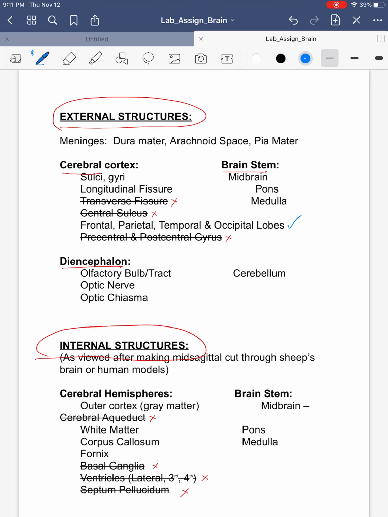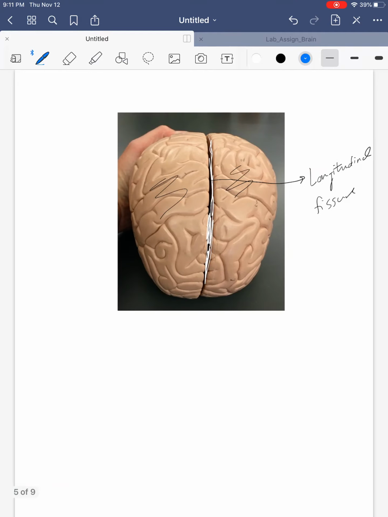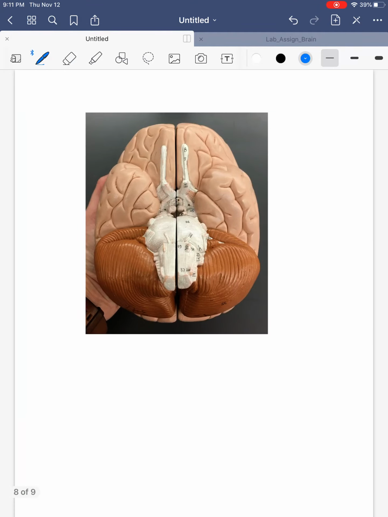We're also going to be asking you to know some of the cranial nerves. The olfactory nerve is Roman numeral cranial nerve number 1. The optic nerve is Roman numeral cranial nerve number 2. And the best picture to look at that would be this one. And you can even see on this model they're labeled. So if you look carefully, there's a Roman numeral 1, and here's a Roman numeral 2.